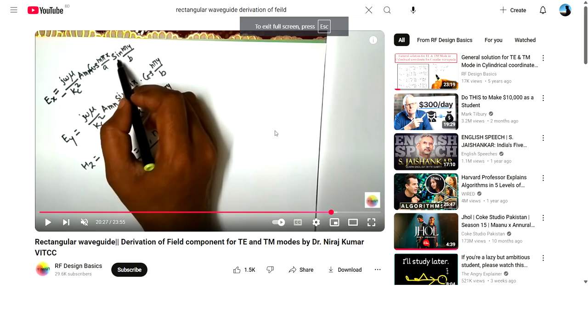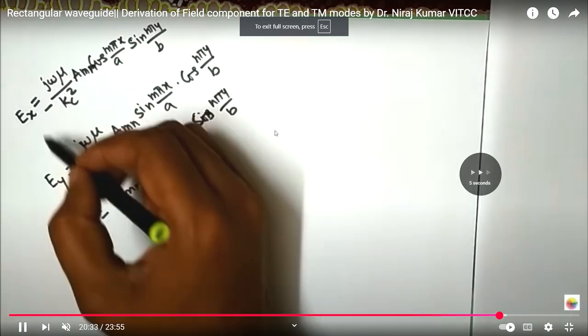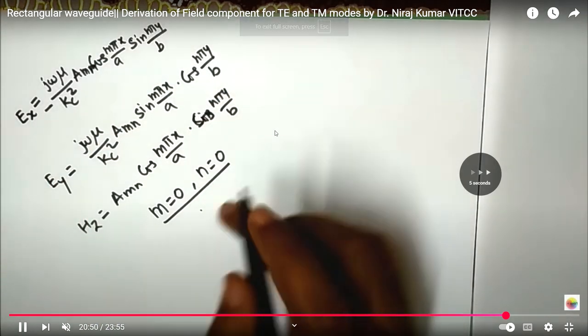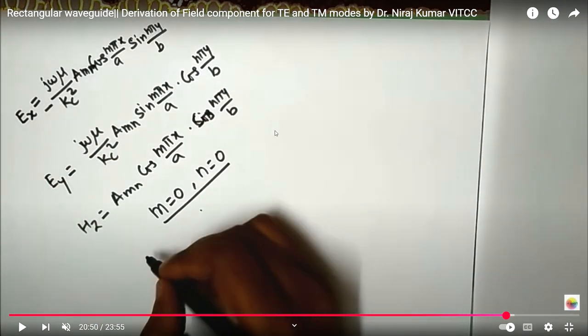But in this case it is pretty different. Here if m or n equals 0, then some transverse components will be 0, but if they get any value, then it will not be.